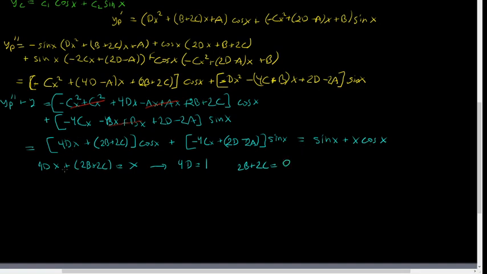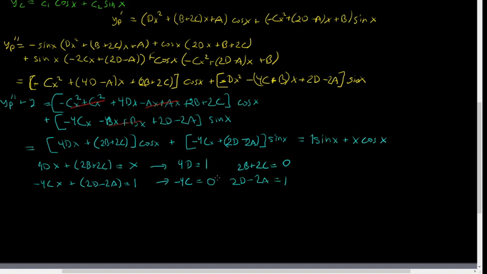The sine, all of this, minus 4cx plus 2d minus 2a, that should equal, well, 1. Right, so that tells me that negative 4c equals 0, and 2d minus 2a is equal to 1, right?